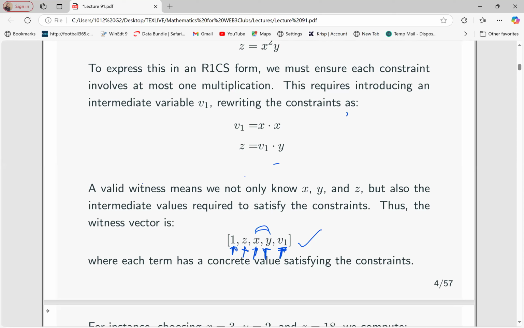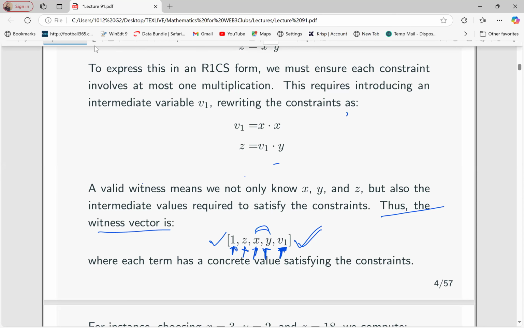Our intermediate value was V1. So this is the witness now. Thus, the witness vector is this.